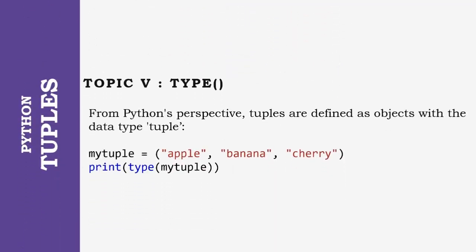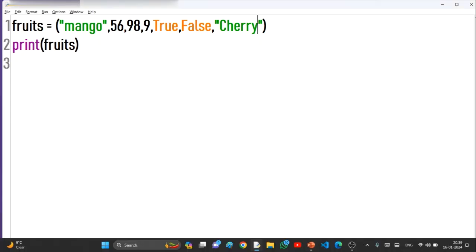Now coming to the type function. The type function helps us to know whether what we have created is a tuple or not. So for example, I want to know whether this thing is a tuple. There's one characteristic that in the output, if the round brackets are there, this signifies a tuple. But to confirm it, we can use the type function.